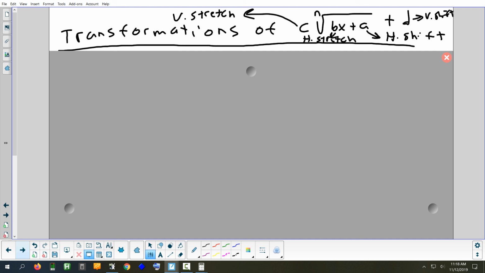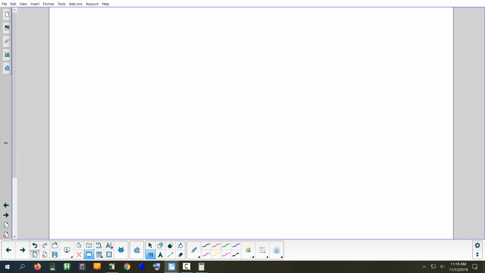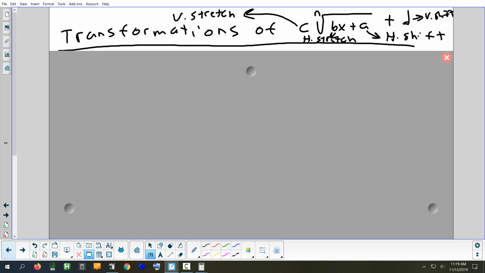Now, does anybody remember what would happen if B was a negative? What does a negative cause it to do? It causes it to flip horizontally. This is an example of a horizontal flip. That's a horizontal reflection. So if B is negative, it's a horizontal reflection.